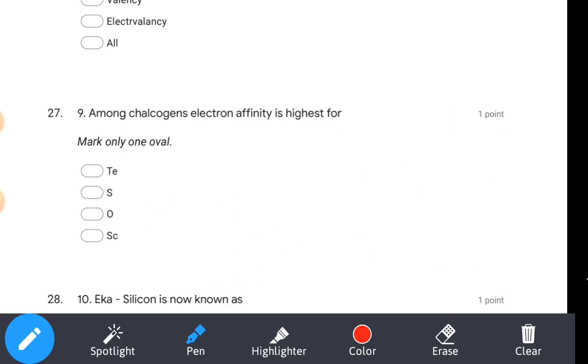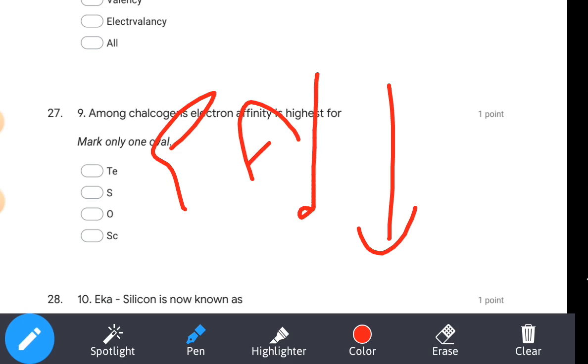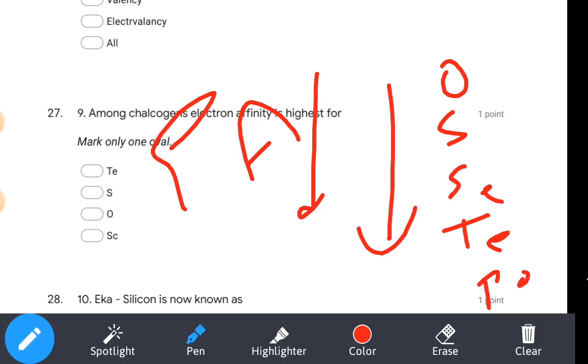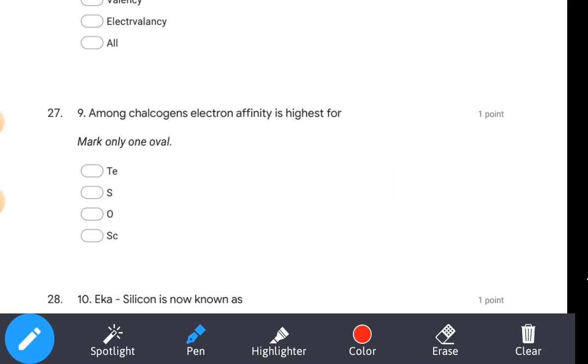So if you see the trend, down the group the electron affinity value decreases: oxygen, sulfur, selenium, tellurium, polonium. So which will have the maximum energy? You may feel that since it decreases down the group, oxygen should be the maximum, but if you keep oxygen as the answer, it will be wrong. Why?